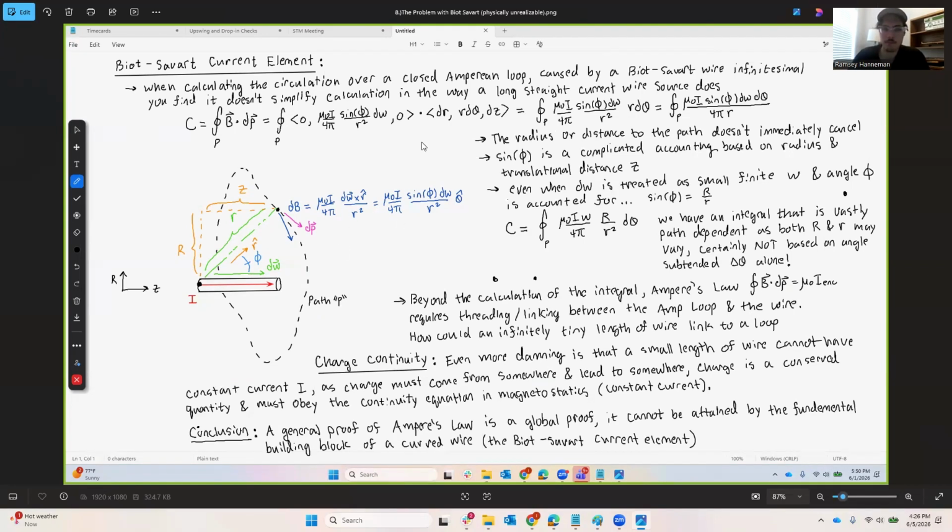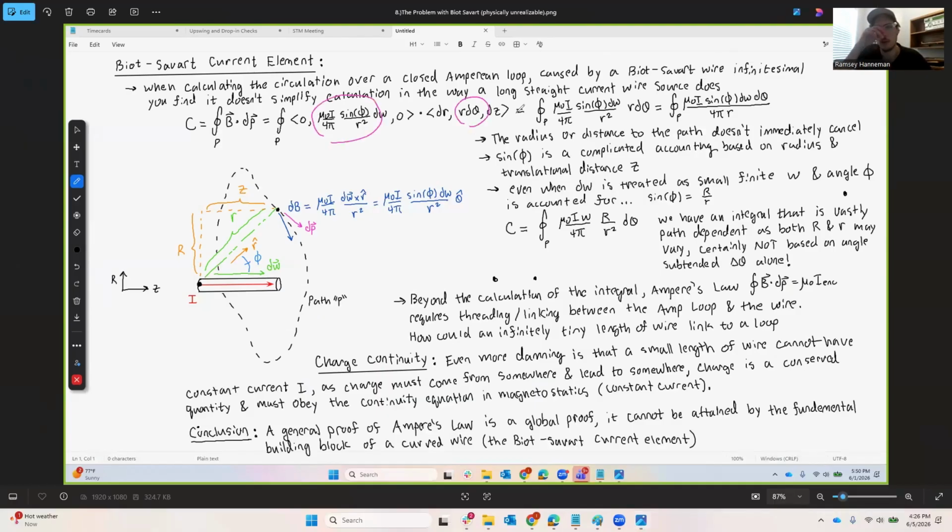From what we talked about, I'm showing why it's a problem. Like I said initially, the field now falls off as 1 over r squared, and so that same cancellation doesn't occur.